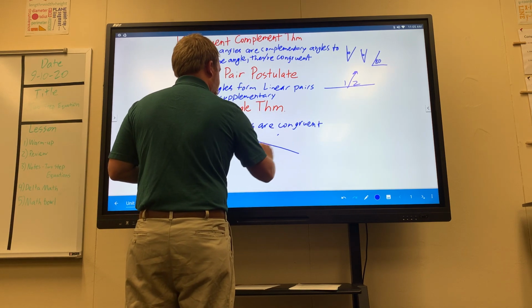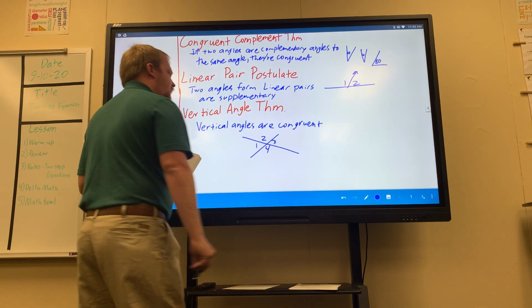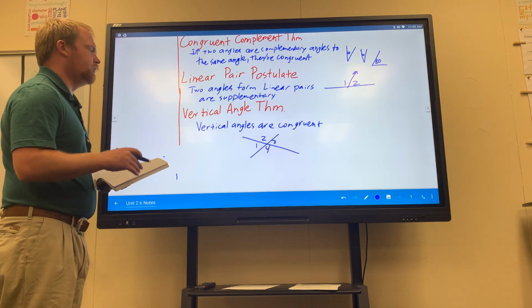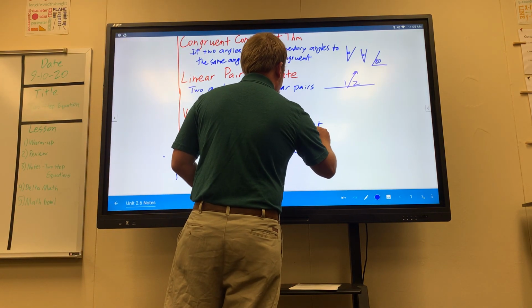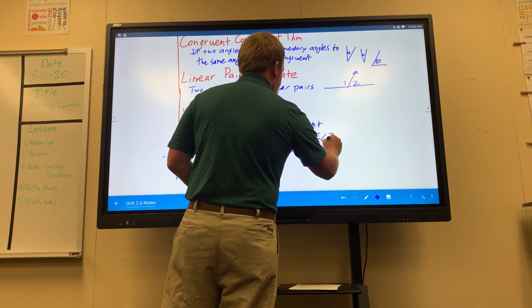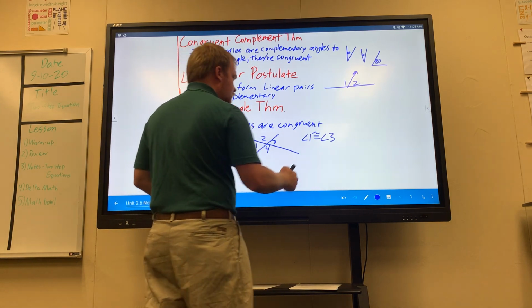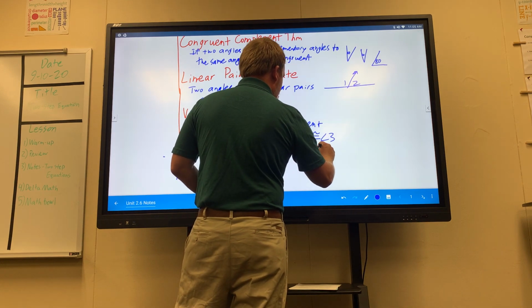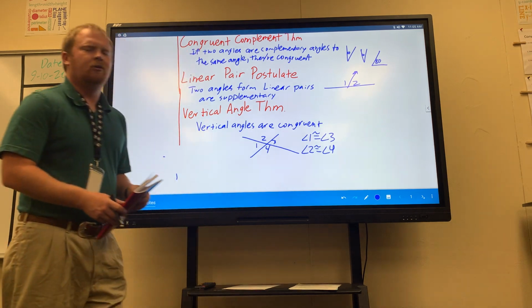So any pair of vertical angles is going to be congruent. So for example, angle 1 is congruent to angle 3. And it's just going to be opposite. Opposite from angle 2 is angle 4, and they're going to be congruent as well.